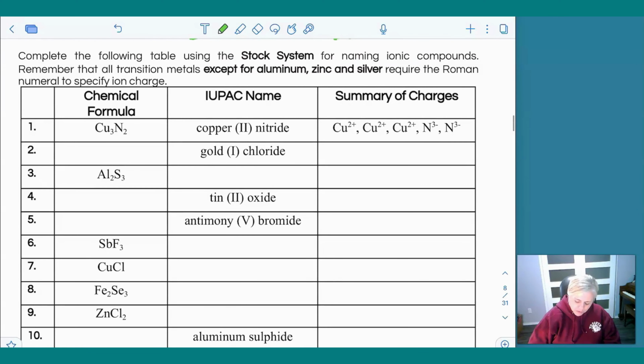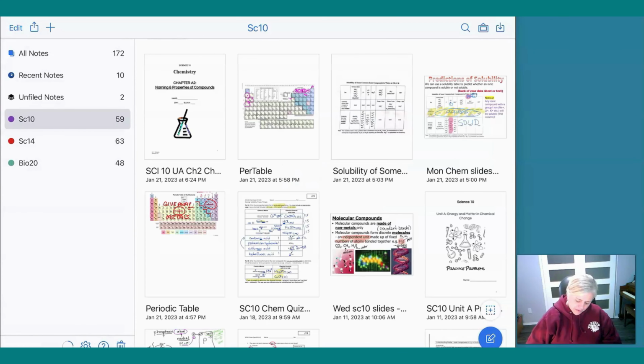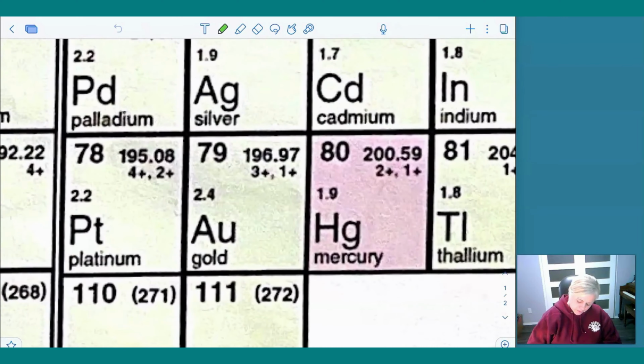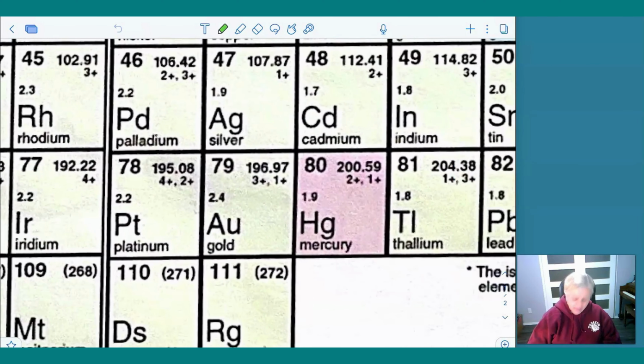Okay, so we'll take a look at this second example here. We've got gold, and it's got a Roman numeral of 1 with chlorine for the anion. So I would look up gold on the periodic table. Gold can be found right here, Au, and we see that it can exist as a 3+ or it can exist as a 1+.